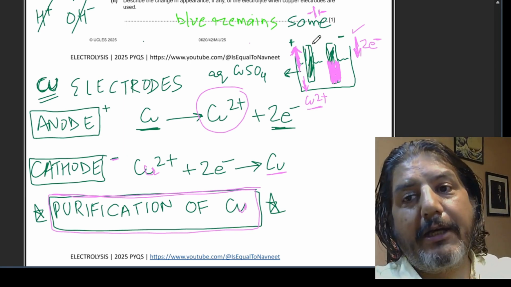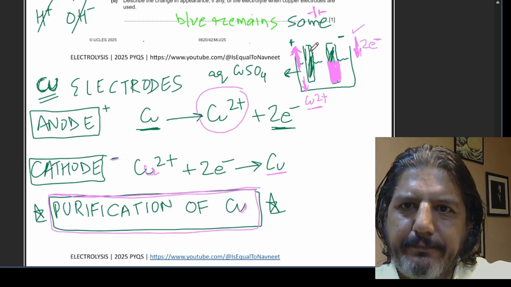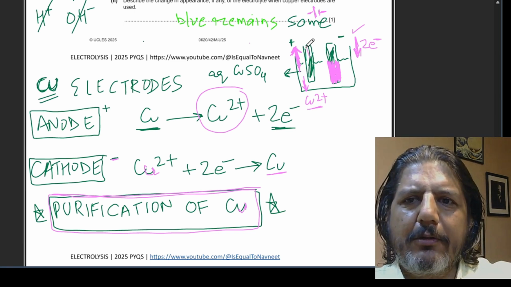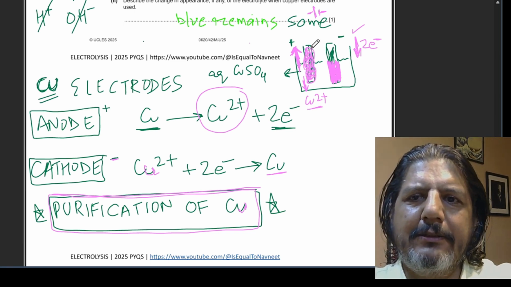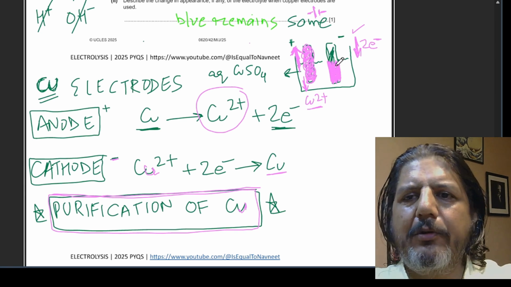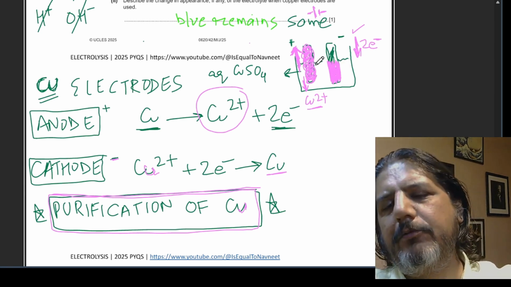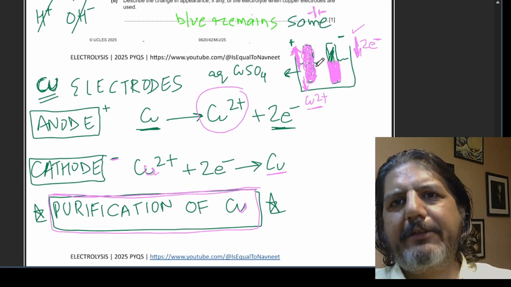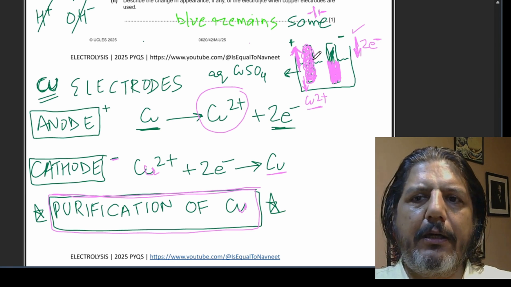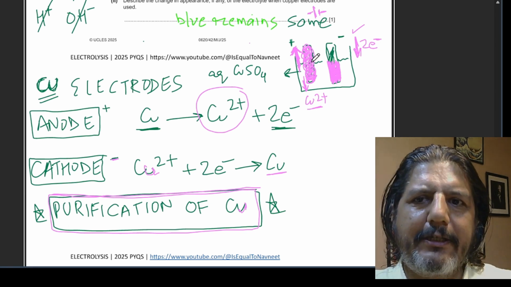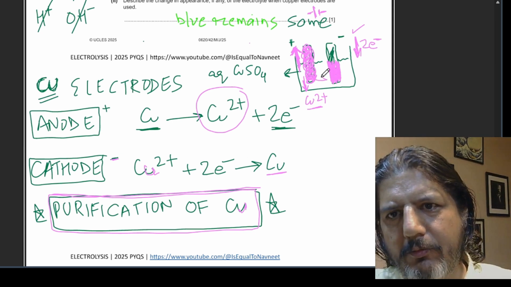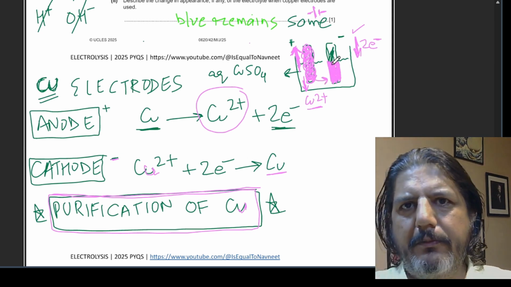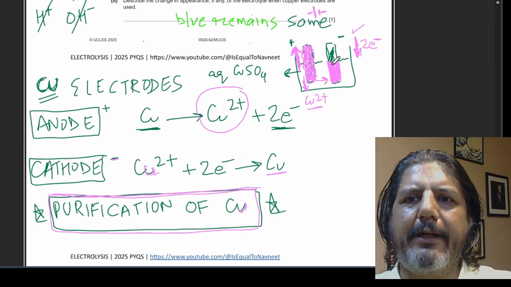So we will have the impure copper on this side, and we will have pure copper on this side, and we will see that as the reaction goes on, this impure copper decreases in size. This will decrease in size because the movement of copper is from the left hand side towards the right hand side.